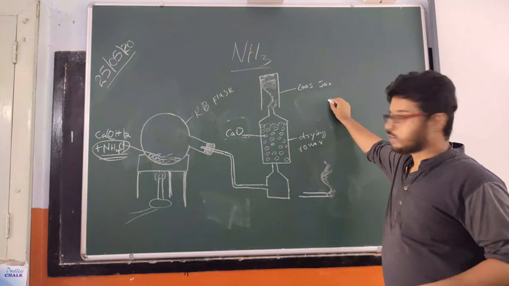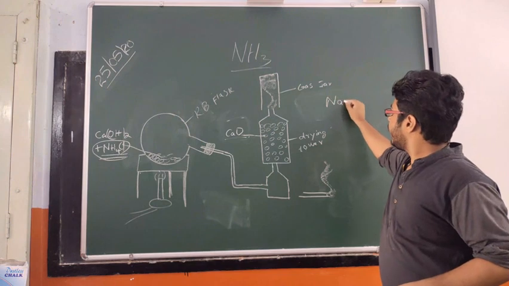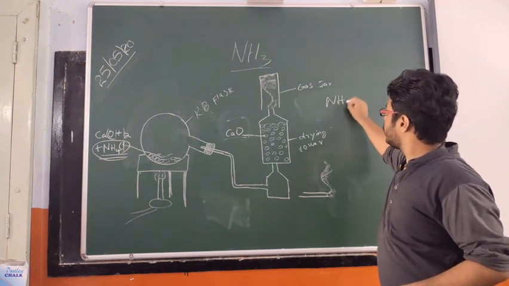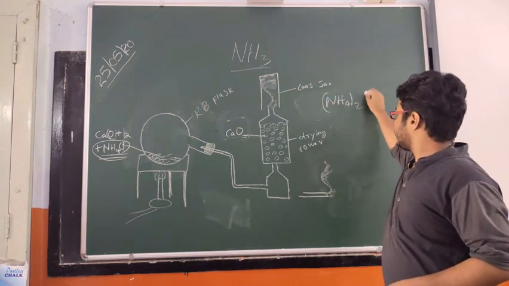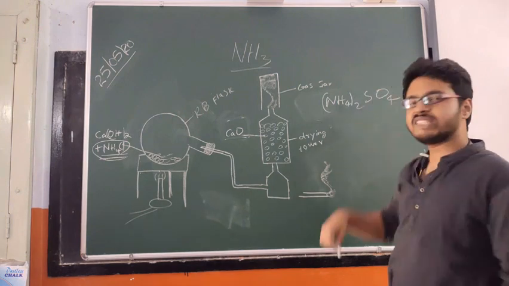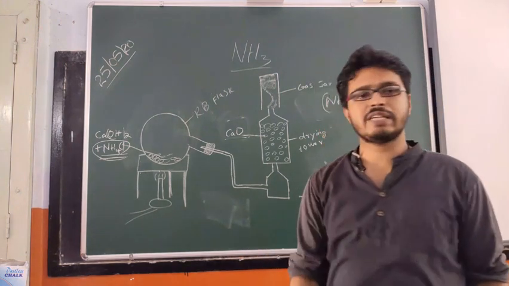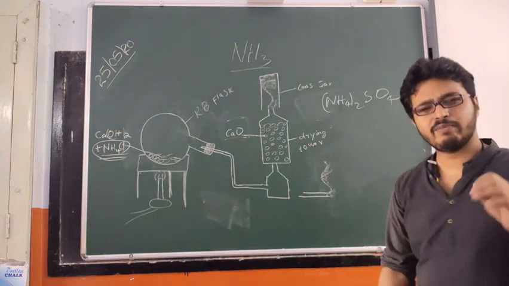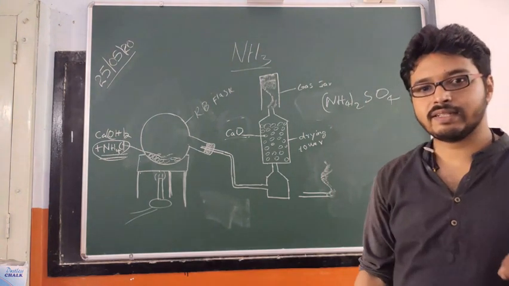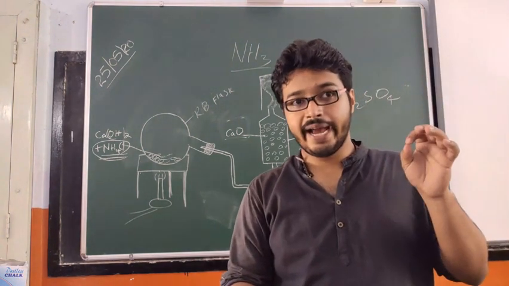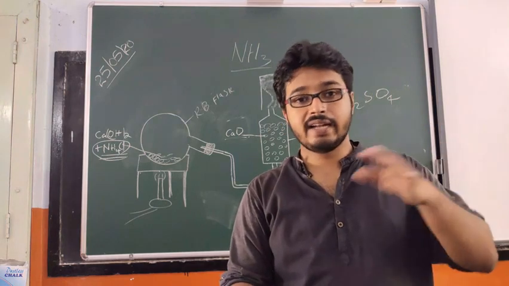One of the other options is (NH4)2SO4, ammonium sulfate. Why can't we use ammonium sulfate? I hope you remember from the HCl chapter we were using NaCl and sulfuric acid.